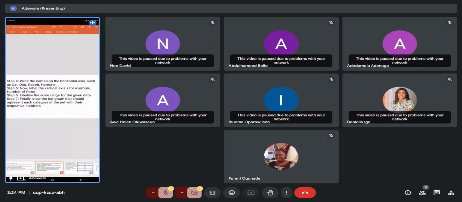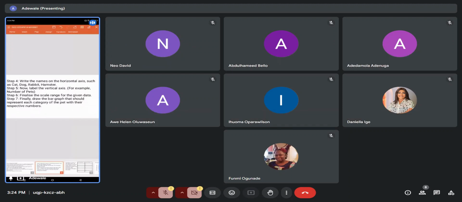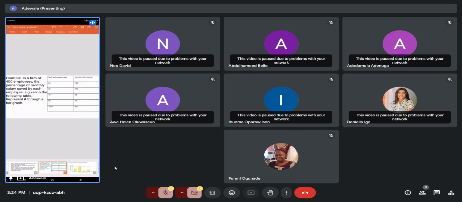So you now finalize the scale range for the given data, and then you draw the bars that should represent each category of the pet with their respective numbers. So that is what I do with this table here.